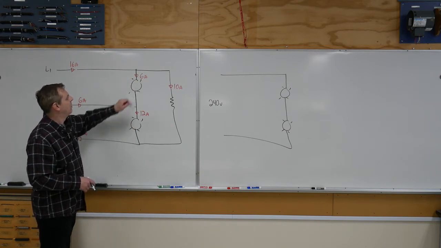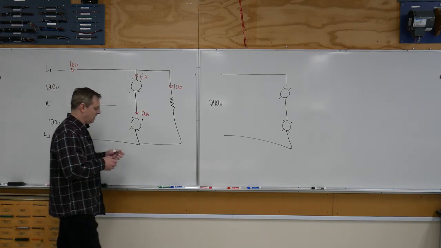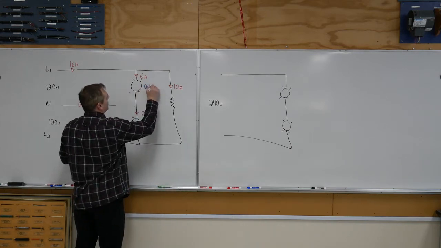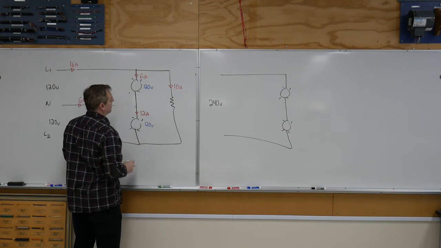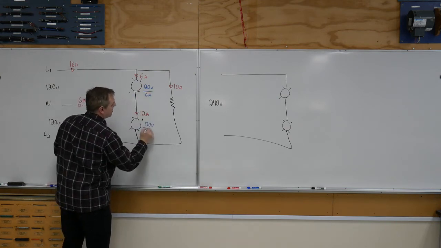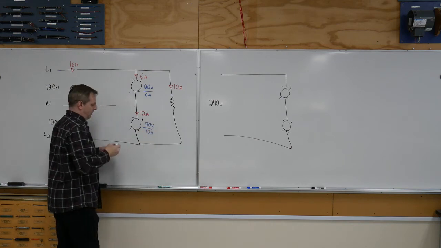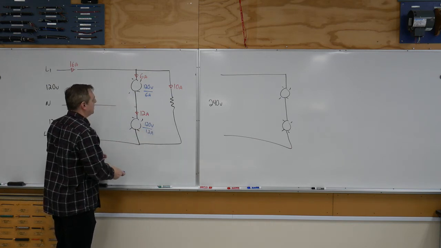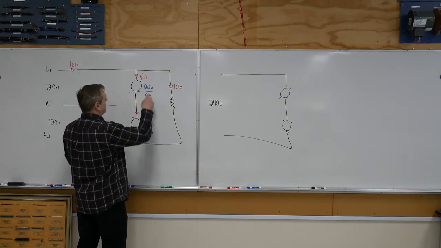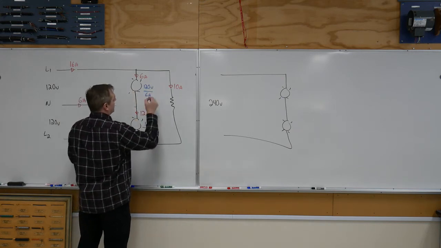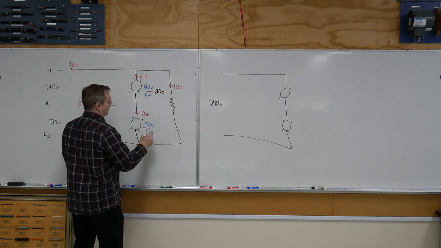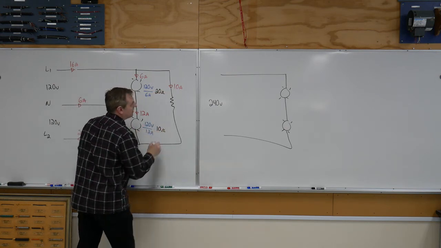So we look at the voltage at each of these before the break, which would have been 120 volts and 120 volts, and divide that by our 6 amps and our 12 amps. That gives me a value of resistance for each. So 120 divided by 6 is 20 ohms, and 120 divided by 12 is 10 ohms.